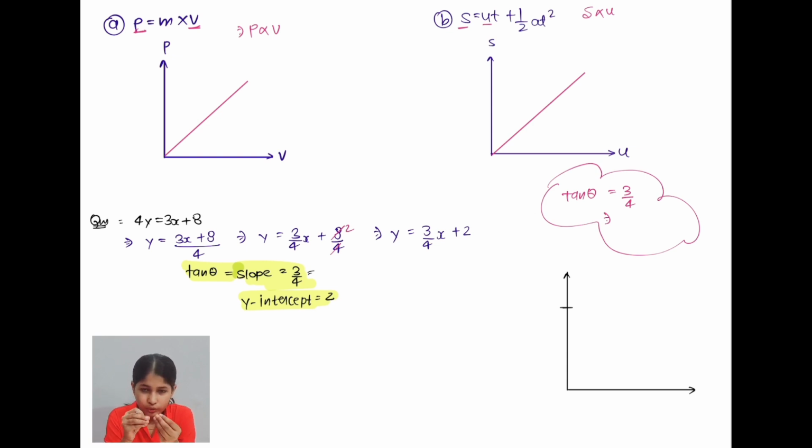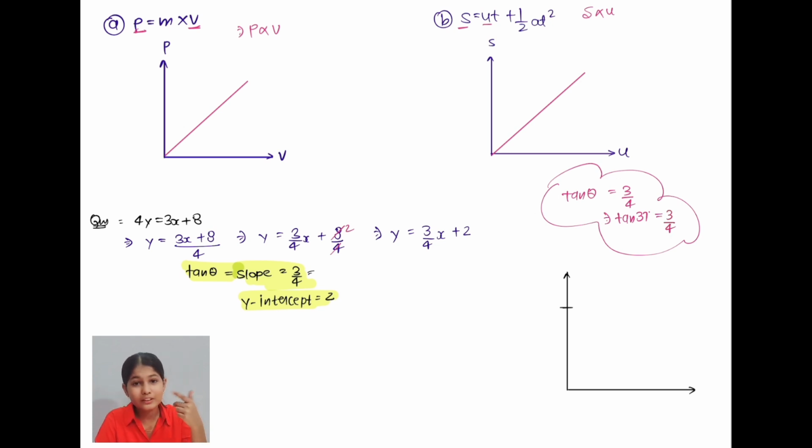But you will not get the value 3 by 4. But if you consider special angles, that is 37 degree and 53 degree, if you write tan 37 degree, you will get 3 by 4.